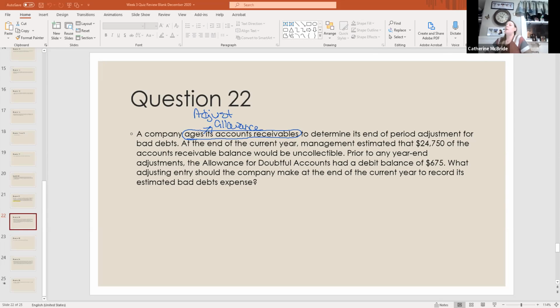A company ages its accounts receivable to determine its end of period adjustment for bad debts. At the end of the current year, management estimates that the uncollectible portion of the accounts receivable balance is 24,750.